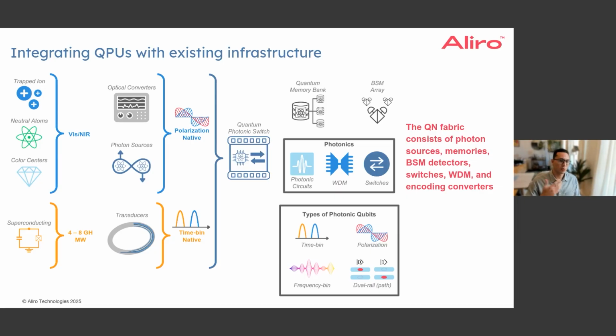So that's where the role of the rest of the quantum network fabric comes into play. It's responsible for harmonizing these different photonic qubits to make sure we can convert between these encodings. We also need switching and routing capabilities to make sure our flying qubits are being routed to the right places and the right communication qubits on the QPUs.